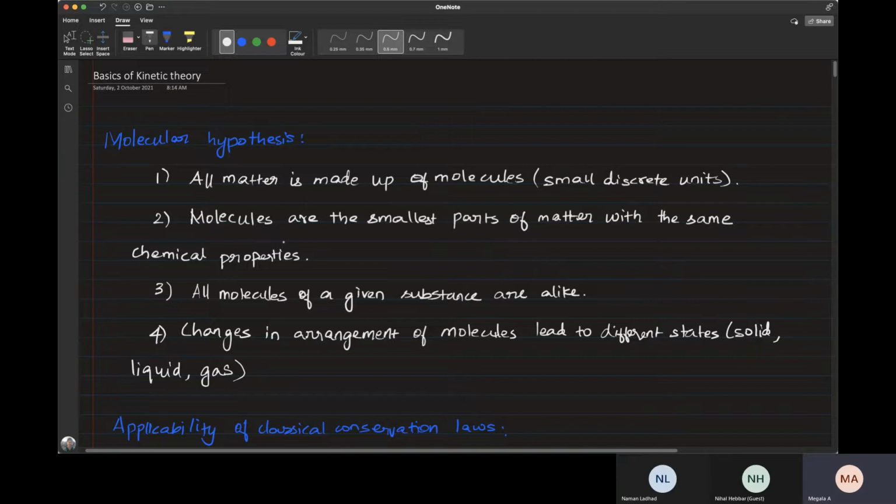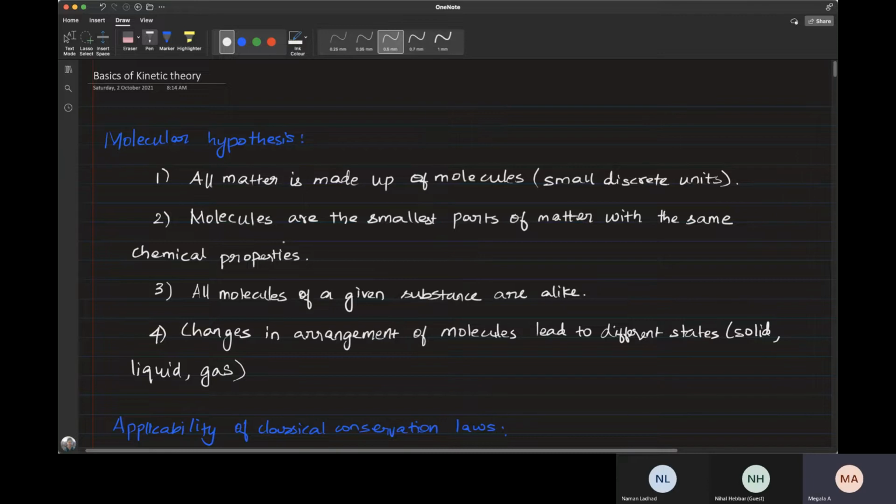But here, in kinetic theory, we have only probability distribution functions, so for that this assumption is good enough. So molecules are the smallest parts of matter with the same chemical properties. This is one assumption, and the other assumption is that all molecules are alike.